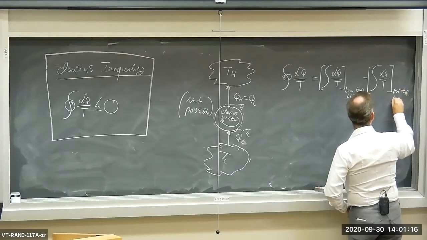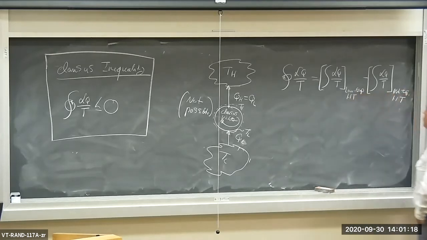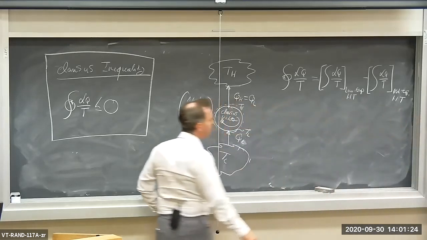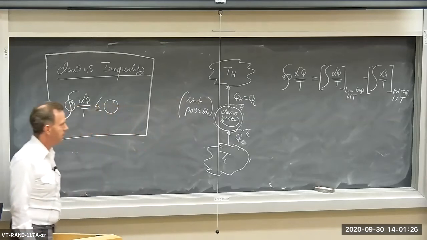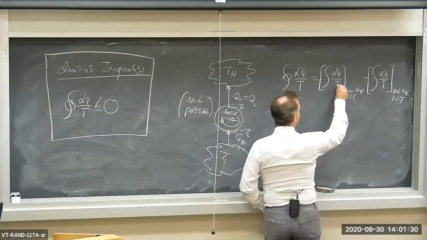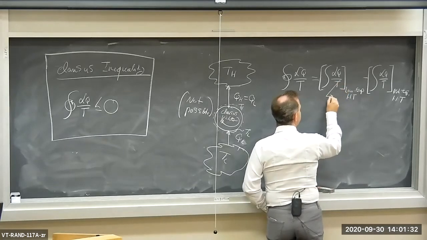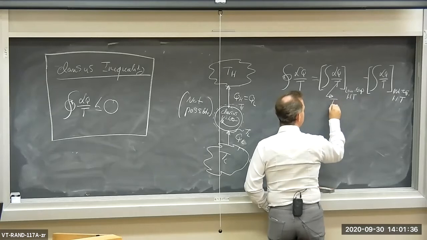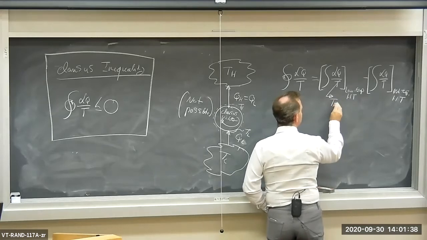High temp heat transfer. So I've broken up my cyclic integral and I've looked at each heat transfer separately in the cycle. Now the interaction temperature at my low temperature heat transfer point is a constant and it's equal to T low.